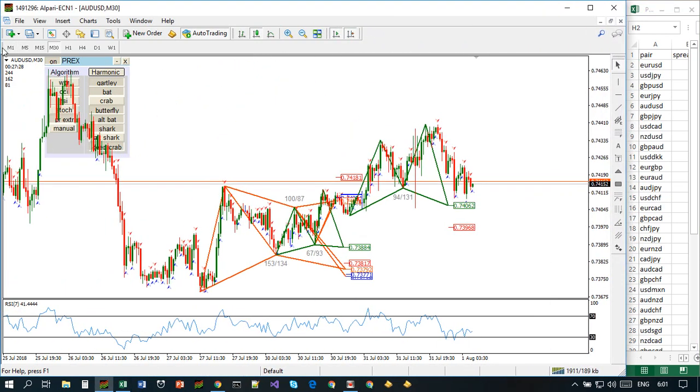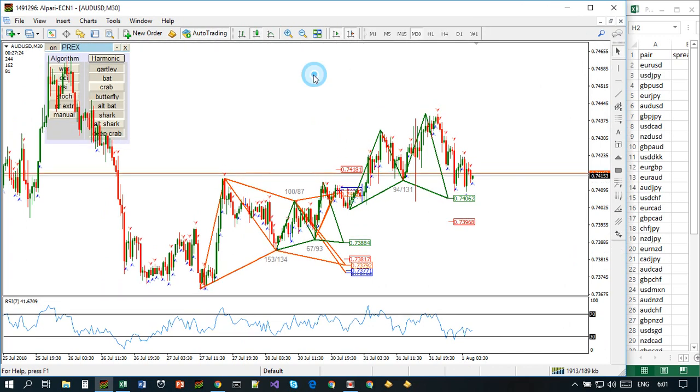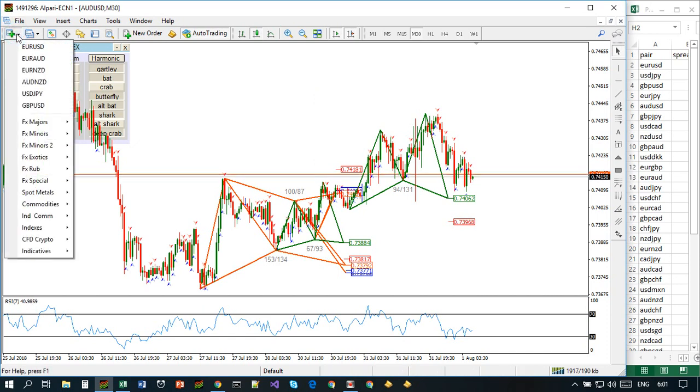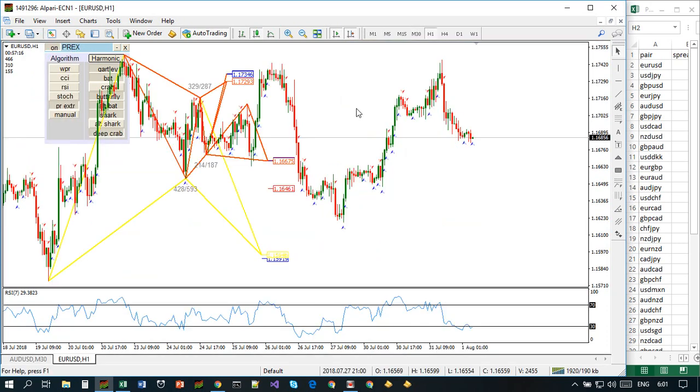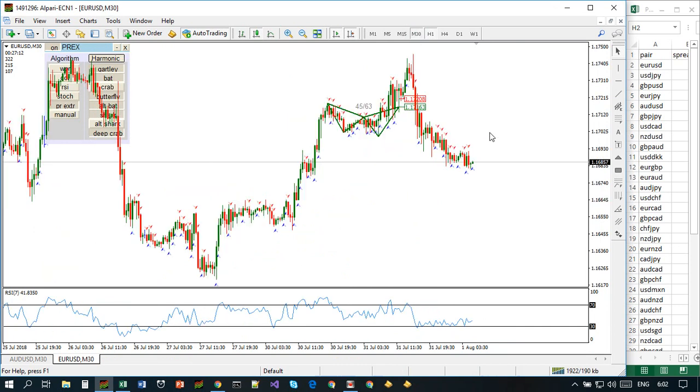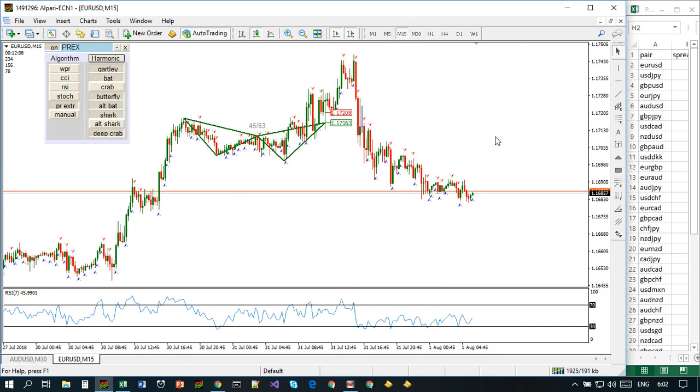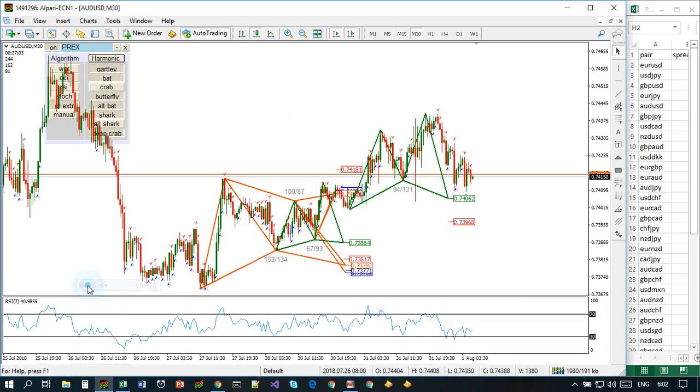So the first pair is euro-dollar, and let's do the analysis. 1 hour, nothing. 30 minutes, nothing. 15 minutes, nothing. Very simple. Let us close this.